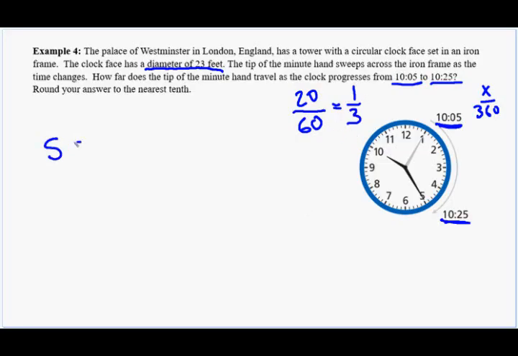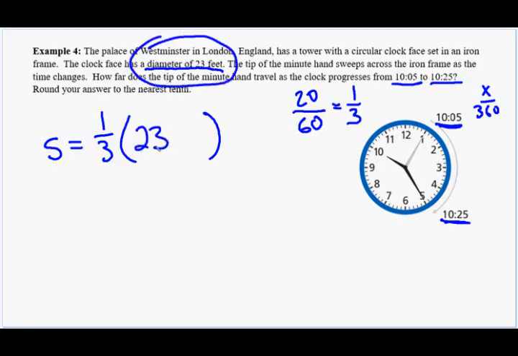So our S, arc length, is going to be 1/3 of the full circumference. And since they gave us the diameter of 23 feet, let's just do diameter times pi. So 1/3 of 23 pi, we could just do 23 times pi divided by 3 on the calculator. Our arc length is about 24.1 feet.